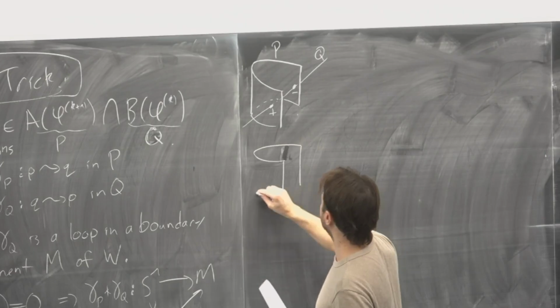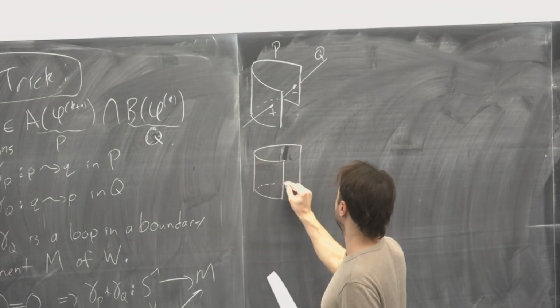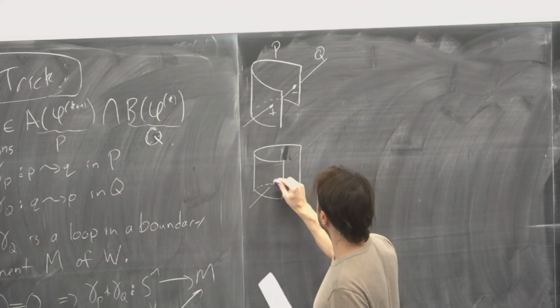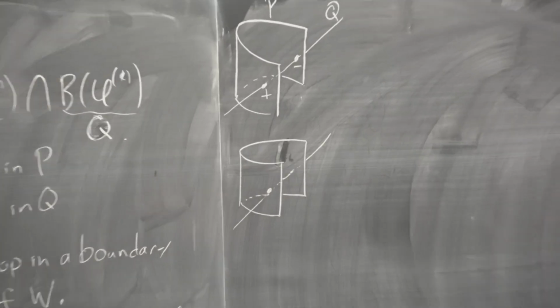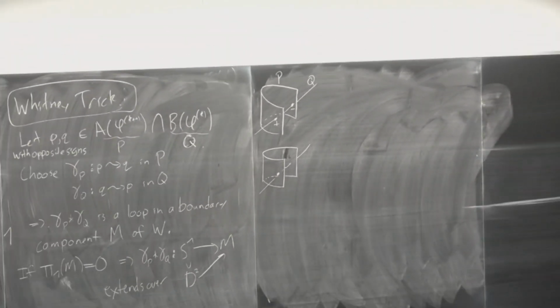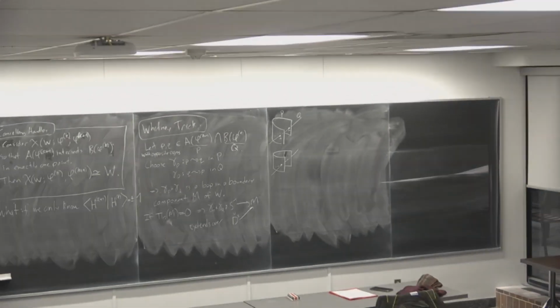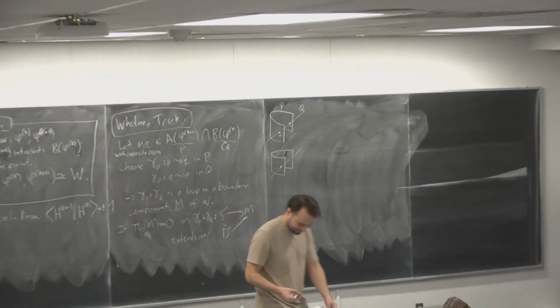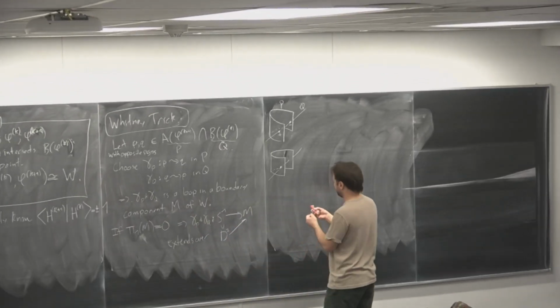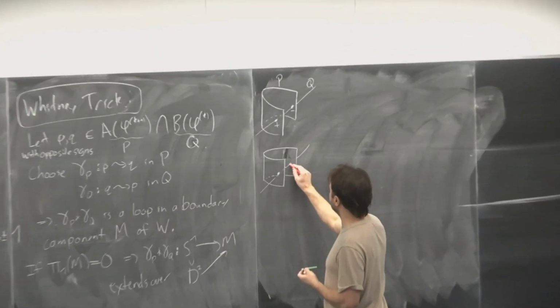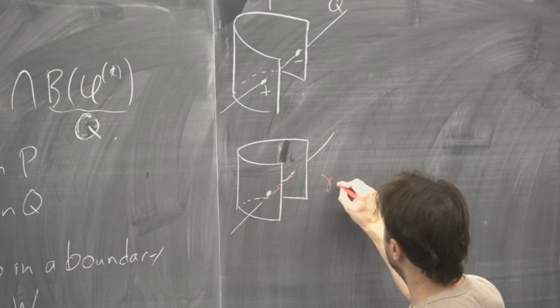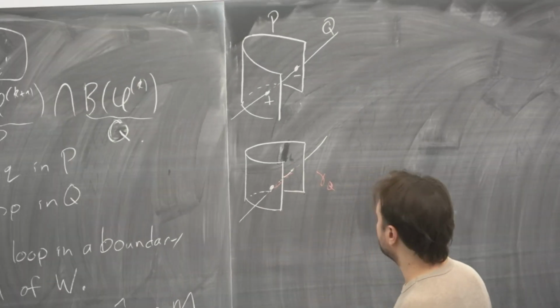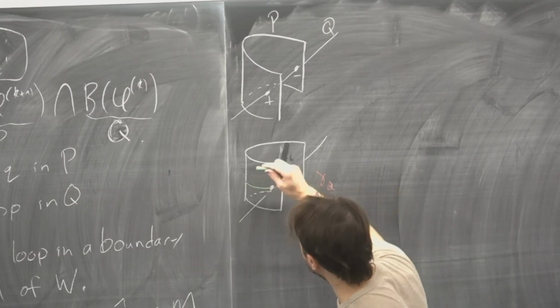And then what we've just done is we've chosen these two paths, gamma P and gamma Q. Say that this is gamma P, and this is gamma Q. And gamma P maybe goes around this way.